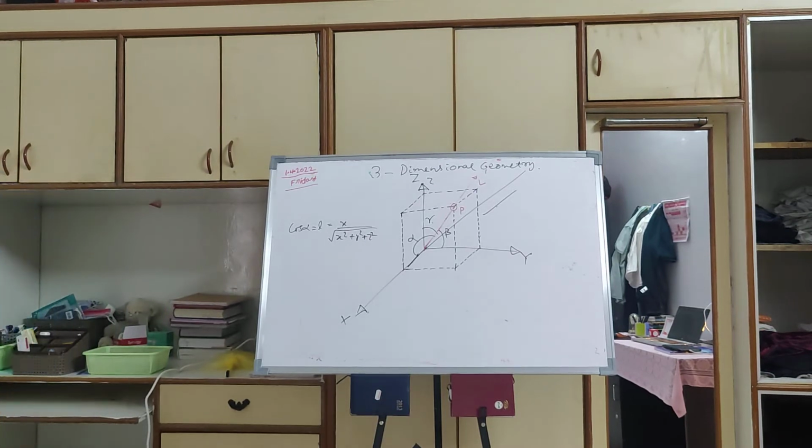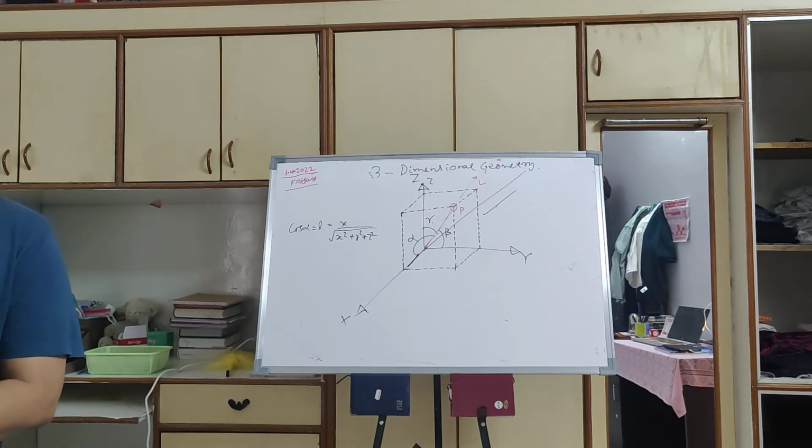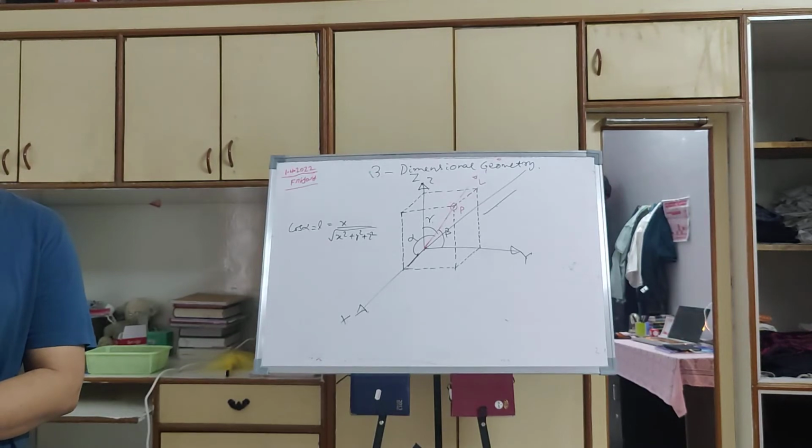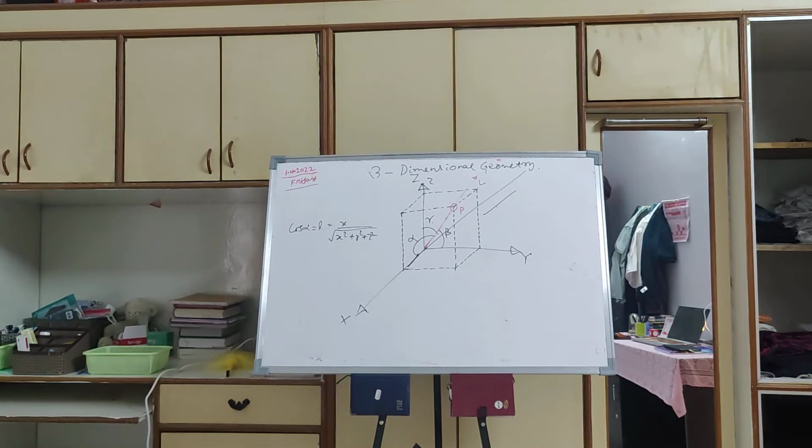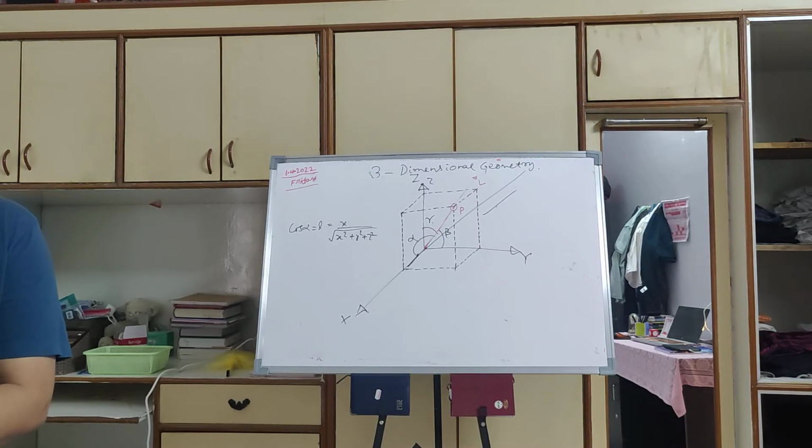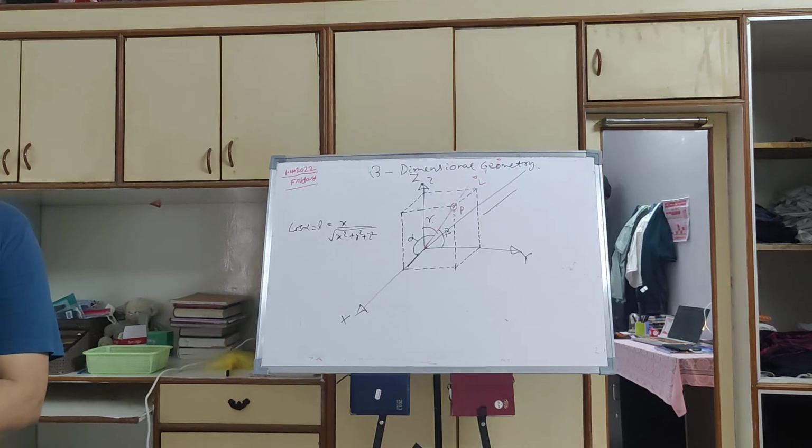So any three numbers which are proportional to the direction cosines of a line are called direction ratios of the line. L, M, N are direction cosines, and A, B, C are direction ratios.